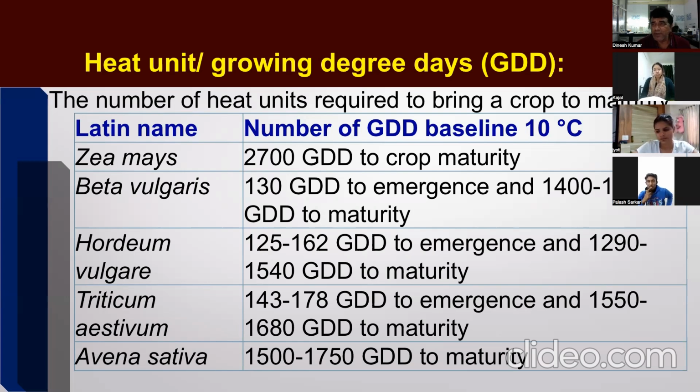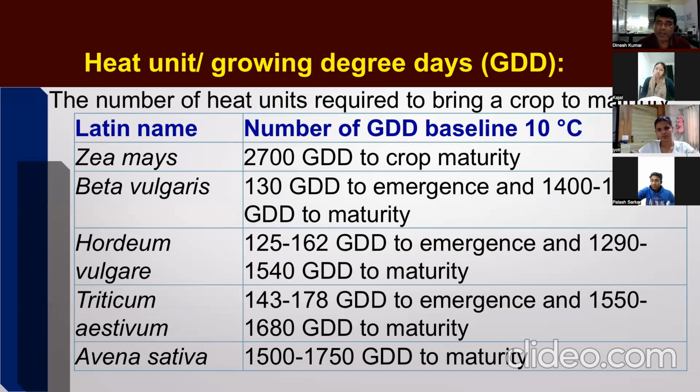Heat unit is just maximum temperature plus minimum temperature divided by 2, minus base temperature. Suppose today 40 degrees centigrade is the maximum and 20 degrees centigrade is the minimum. So 40 and 20 makes 60. 60 divided by 2 is 30.